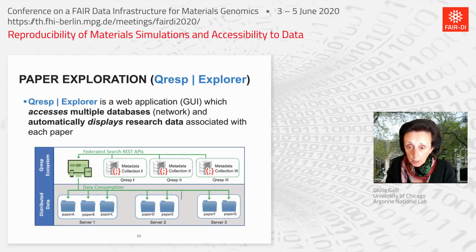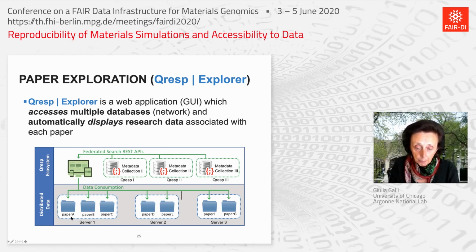The third part of the graphical user interface that we have built is the Explorer, where you explore the paper. So you have organized your paper, you have curated your paper, and then you make your data available. For example, server 1 here can be my server at the University of Chicago, where I have a number of papers, and server 2 can be a server in Berlin at the Fritz Haber Institute, and server 3 can be another server of another researcher, for example, in New Zealand or at Northwestern University.